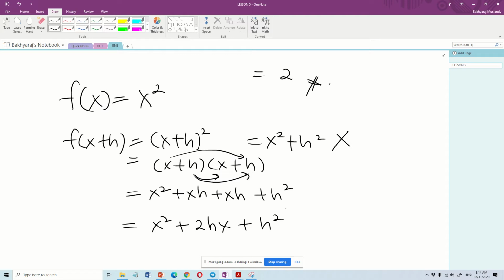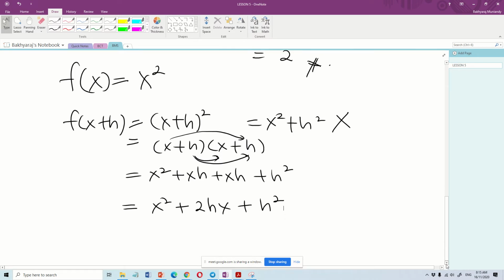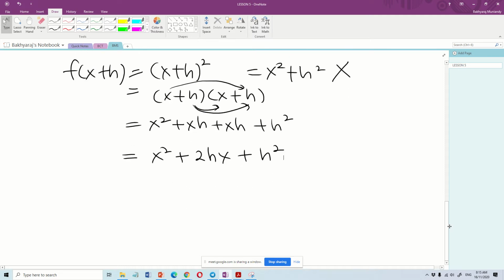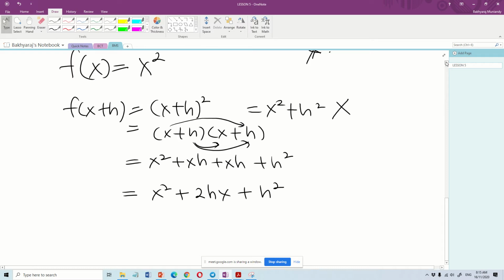Okay, once we get this, now you're going to substitute into the formula. Masuk formula. Okay, put it into the formula. What is the formula?